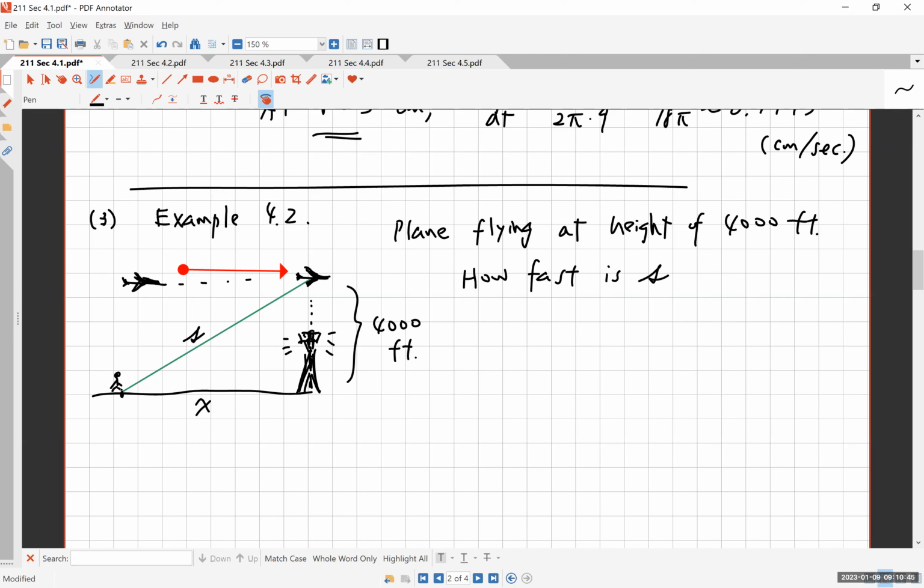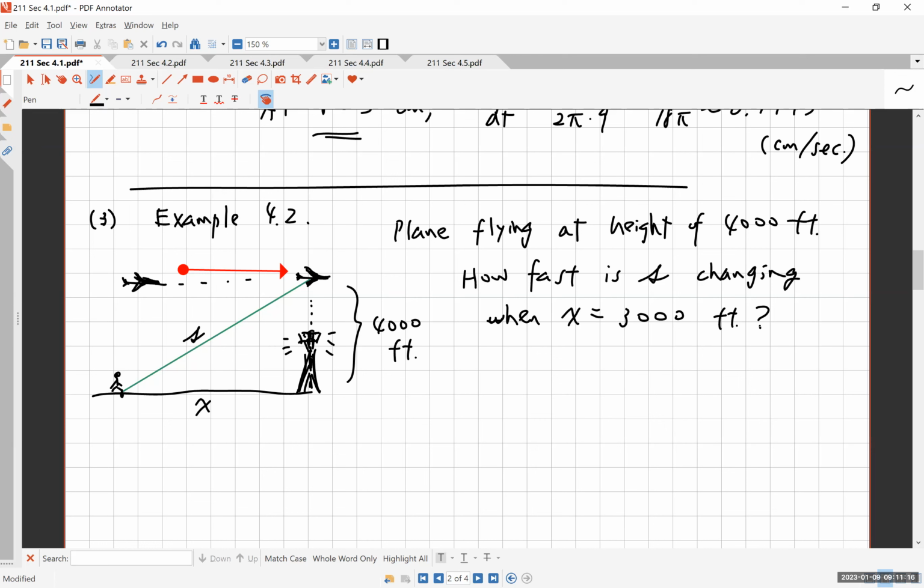That's s. Okay, it's the distance indicated by that green line segment. How fast is s, the distance from you to the plane, changing when x, the ground distance from you to the tower on the top of which the plane is flying at that point, is 3,000 feet.